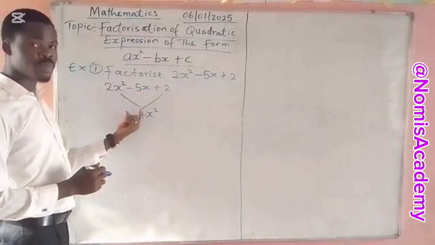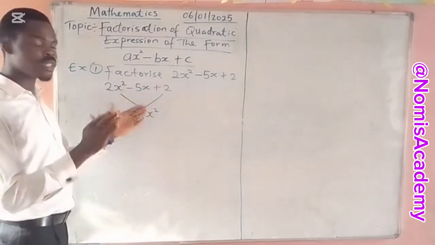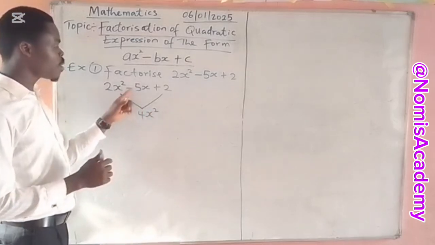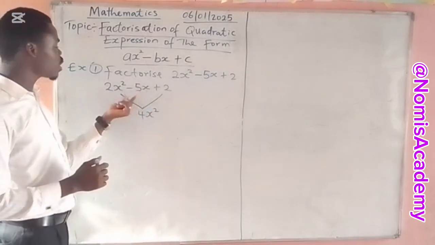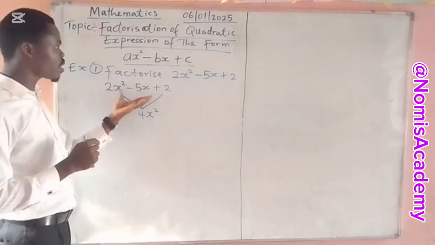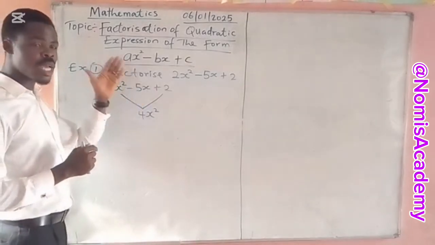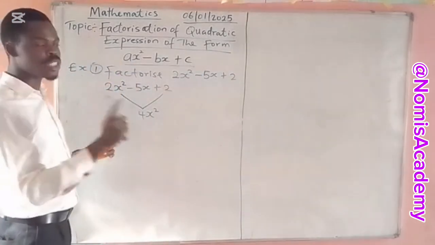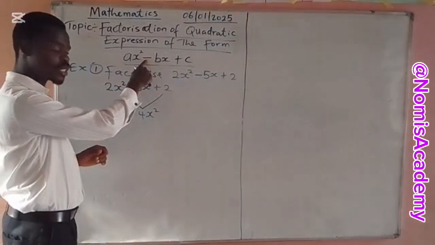Yes, it is possible to find two factors of 4x squared that will sum up to minus 5x. Please, you need to put the negative sign in consideration whenever you are solving any quadratic expression of this form. You need to pay close attention to the negative sign.